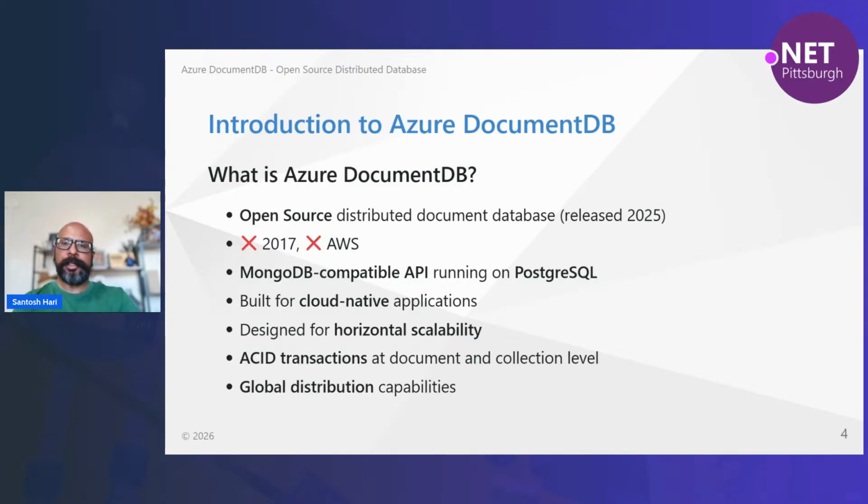The key differentiation is that this is basically a MongoDB API that is running on top of Postgres. So there are two different databases here, MongoDB and Postgres. You'll be using the MongoDB syntax to connect to an API. You'll be sending MongoDB commands as if you're talking to a MongoDB database, but in the backend, a Postgres database will be handling it.